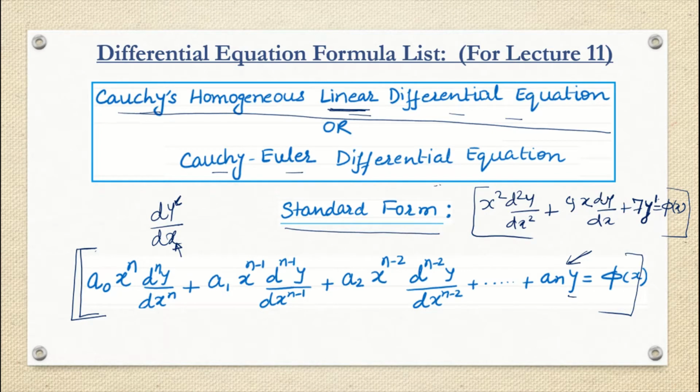So the power of dy by dx is 1, that means we don't have dy by dx whole square or dy by dx whole cube. Similarly, d2y by dx square is again one more derivative of the dependent variable, and here also we are not seeing power 4 or power 2 or power 3. So this is linear in nature.